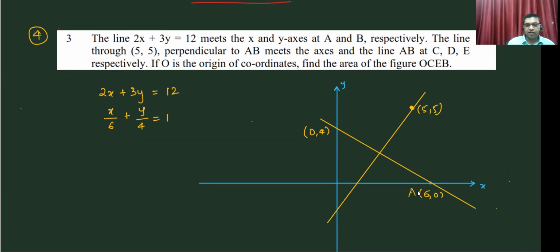This is A, this is B. Now it meets the x-axis in C, y-axis in D, and the line at E. All right. Now I want to find the area. What do we have to find? OCEB. So this is this area.